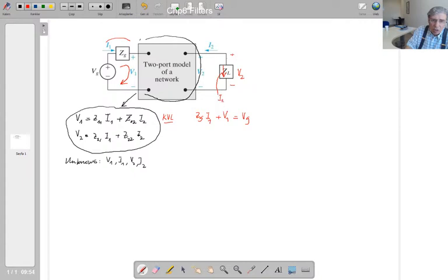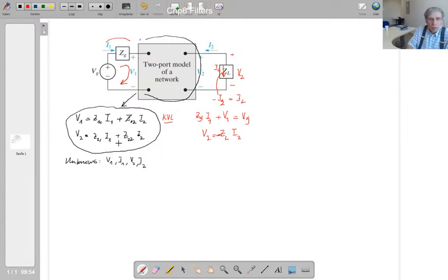IL is this load current, and the load current is equal to minus I2. So V2 = ZL times IL, which is minus ZL times I2. So there is a negative sign in front of it.